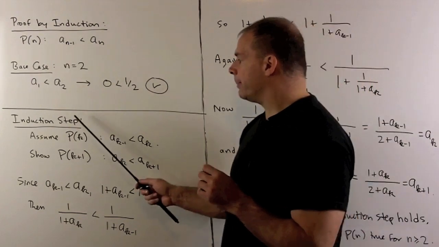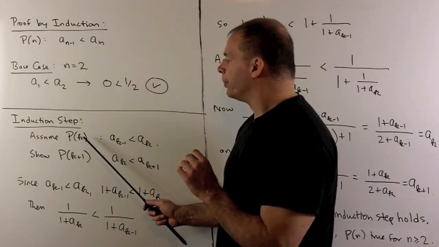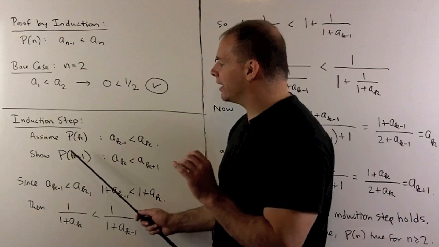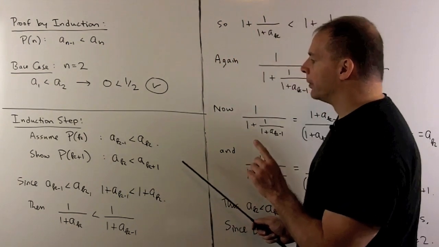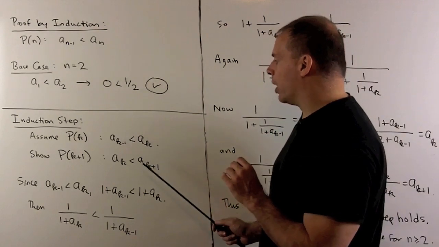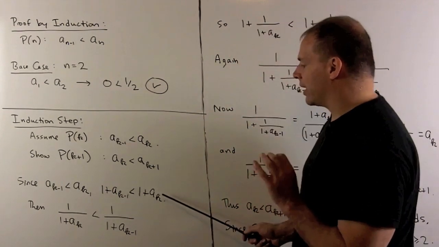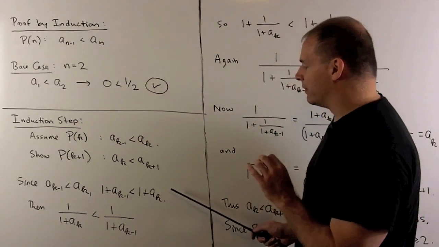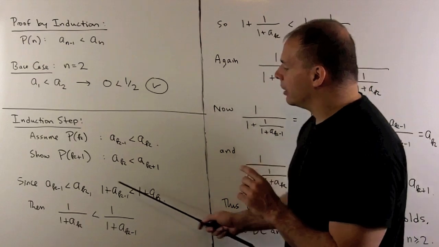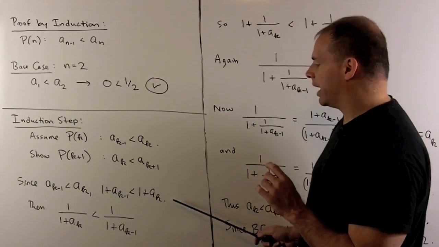For the induction step, we're going to assume that the kth statement's true and use that to show that the k plus first statement's true. We're assuming that a sub k minus 1 is less than a sub k, so we're allowed to add 1 to each side of the inequality. Then, because both sides are positive numbers, we'll divide both sides by 1 plus a sub k minus 1 and 1 plus a sub k.